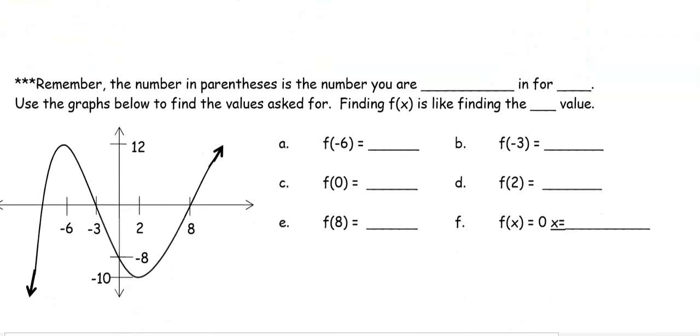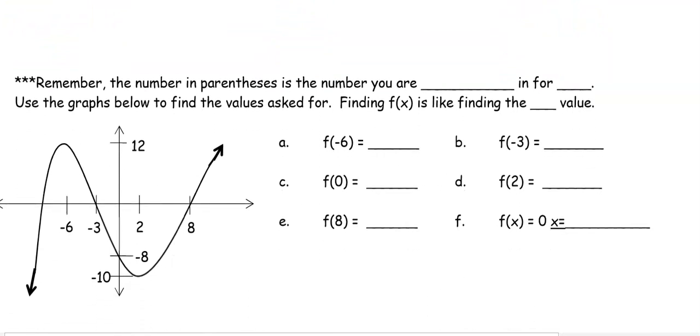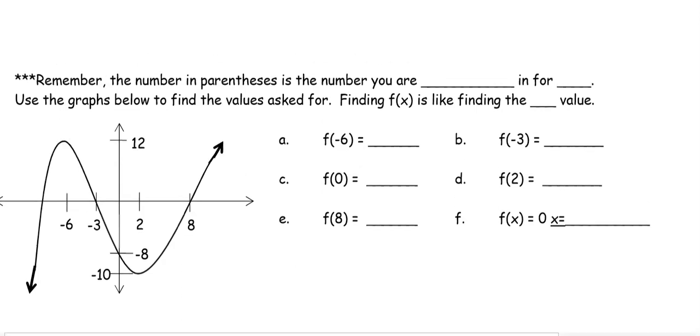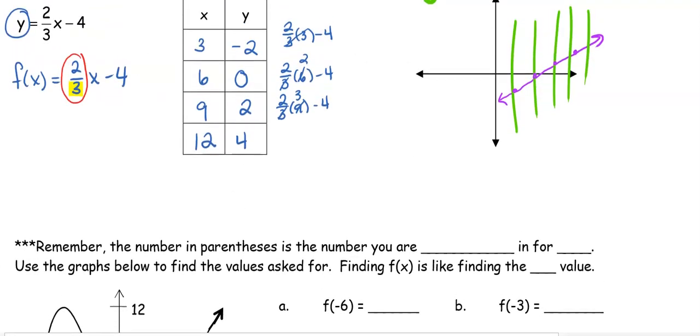Now, why function notation is so helpful is because it gives you more information about your graph itself. If we look back here, when I plugged this in, this was representing the f of 3.